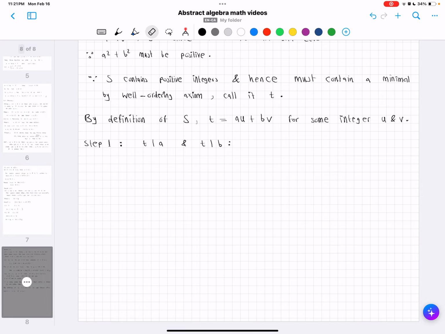We will do that by the division algorithm and the well-ordering axiom.